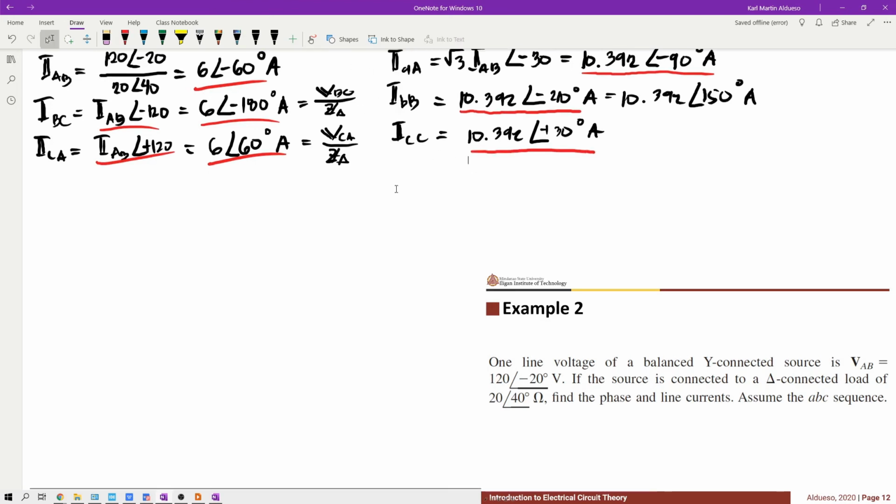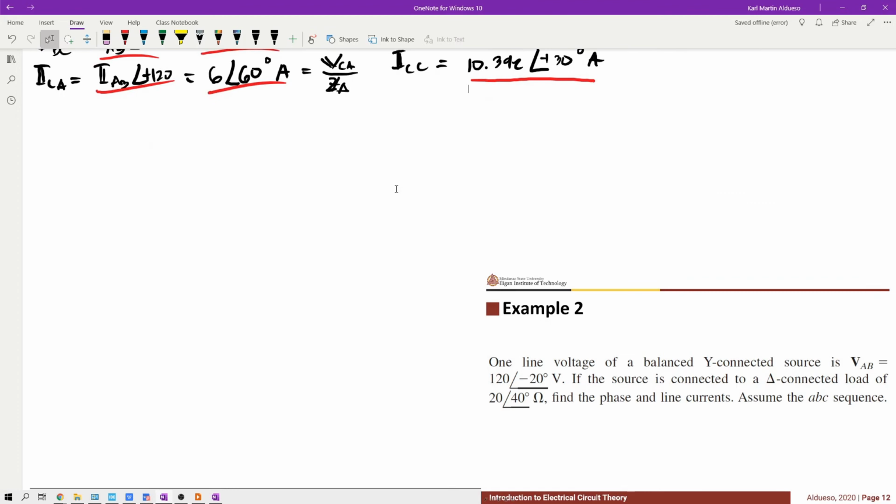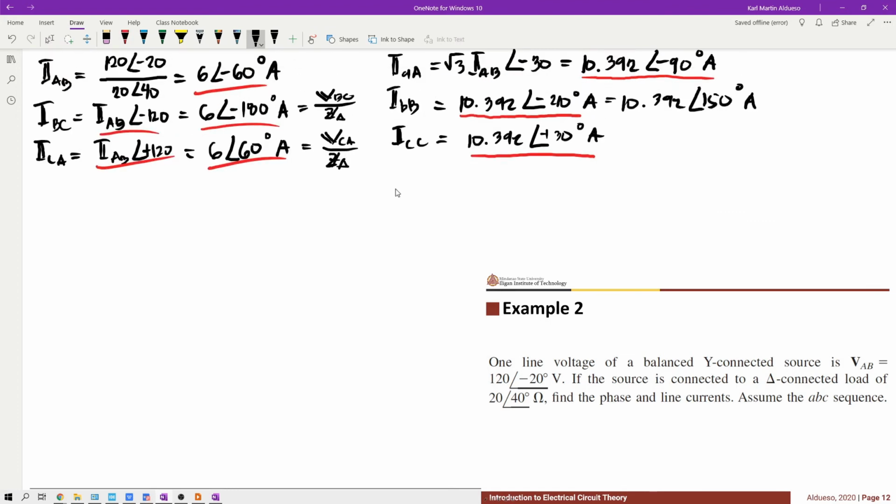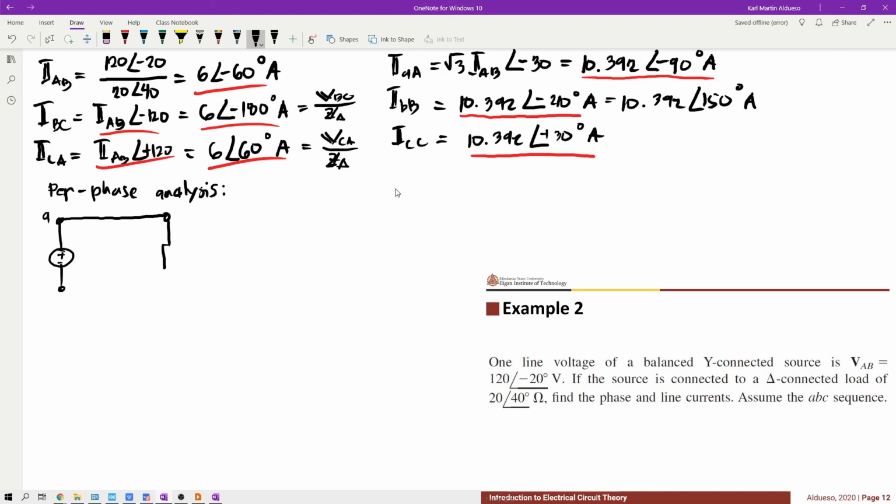To confirm our answer, we can use the per phase analysis. So using the per phase analysis, we have phase A. This is VAN, we have 120 over square root of 3 angle of negative 50.